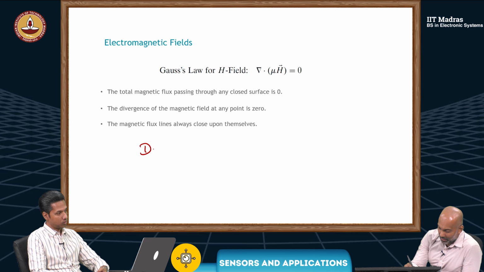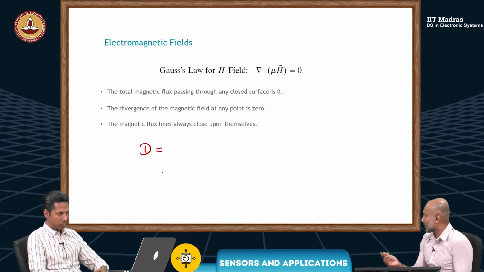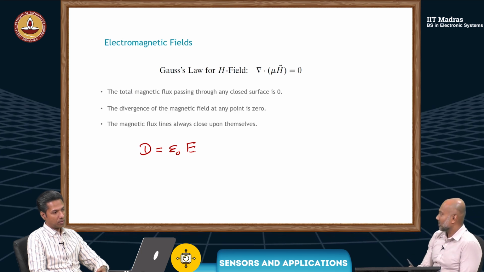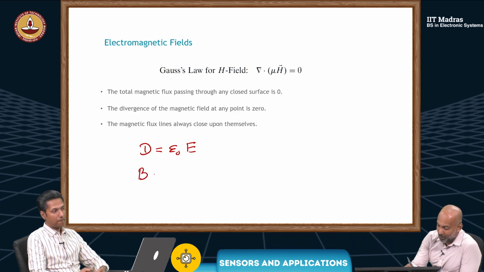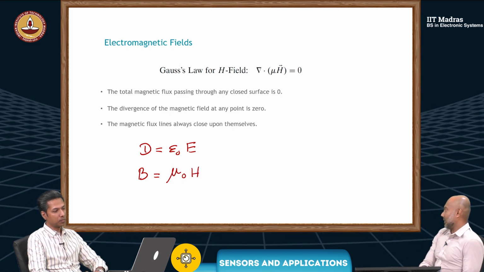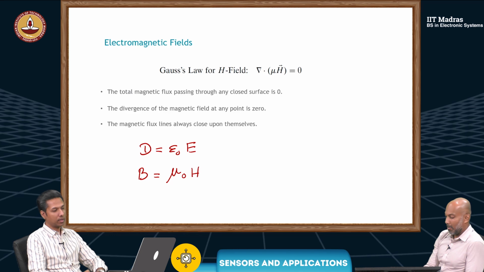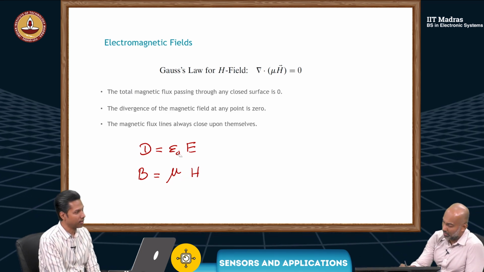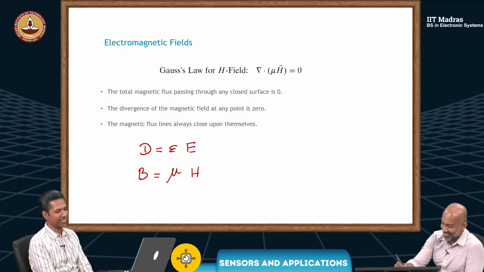So we said D is electric flux density, epsilon E, and similarly B is mu H, not necessarily mu 0.